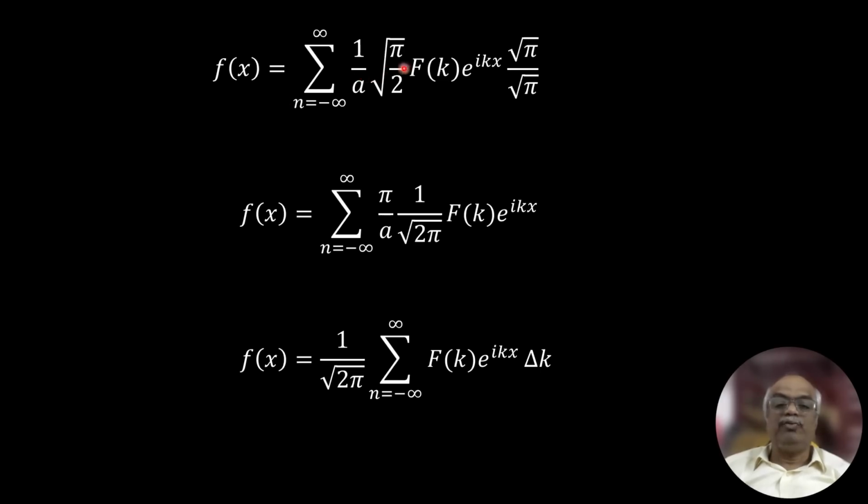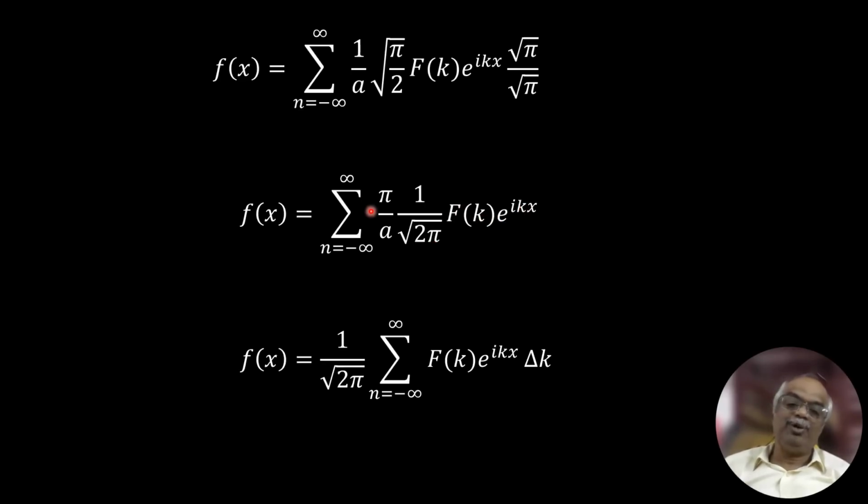Now we got this expression, and we are multiplying and dividing by square root of pi. So square root of pi into this square root of pi will become pi. So this will become pi by a divided by 1 over square root of 2. This pi also will come here. So square root of 2 pi f of x e power i k x.